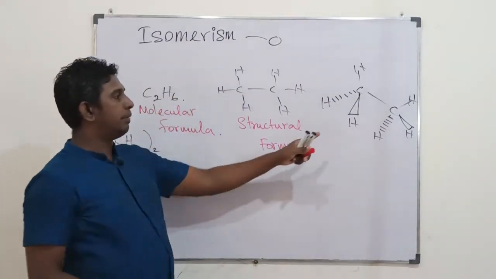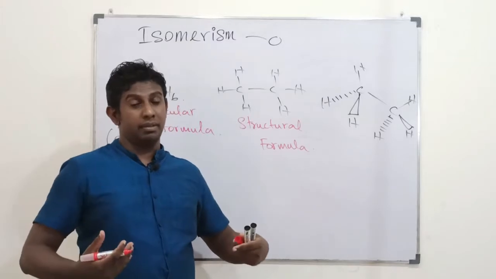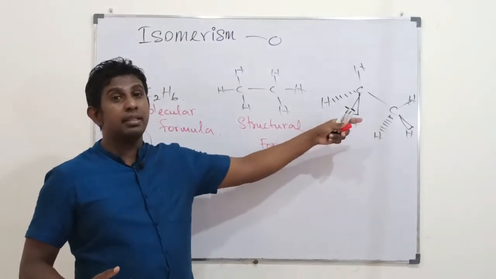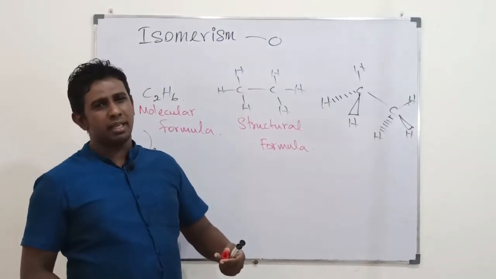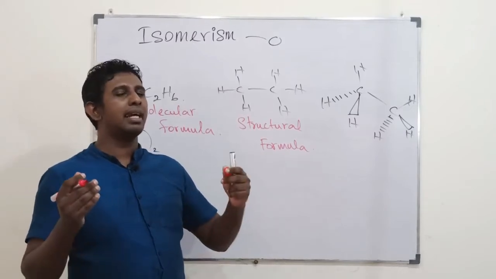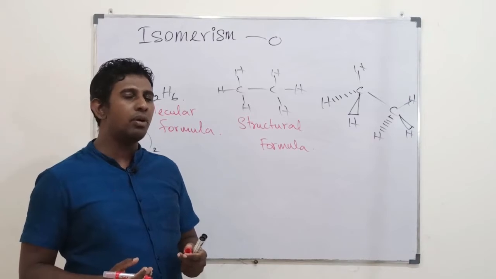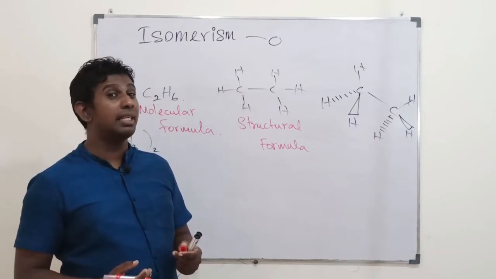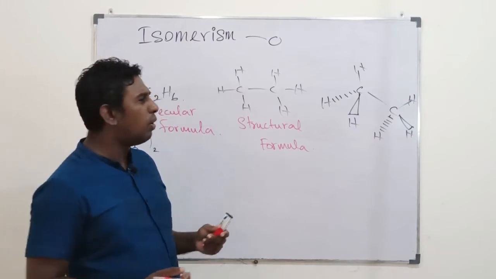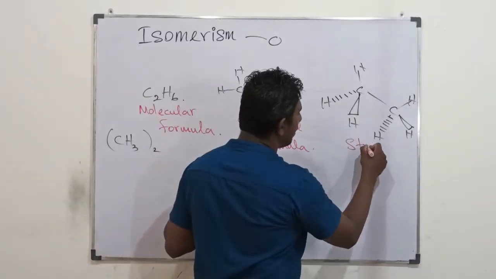Then what about this? It's the geometry of that substance. It's giving us the exact idea of how the structure is: what the bond lengths and bond angles are, the orientations. Then we call that the structure.